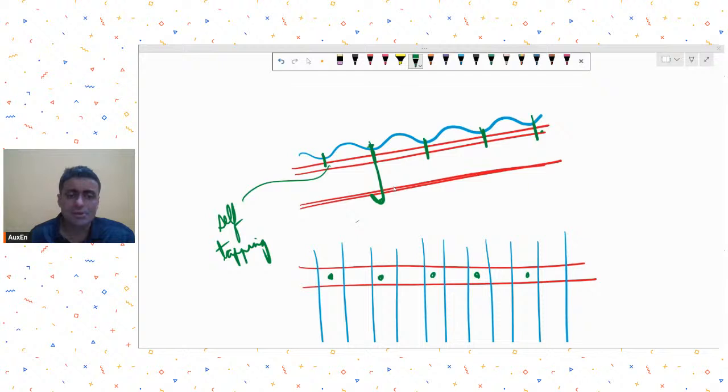But these days nobody provides J hooks, although J hooks are much stronger. We have had clients who insisted that instead of self-tapping screws, you provide J hooks or J bolts. Anyway, this is how your connection between the sheeting and purlin usually happens.